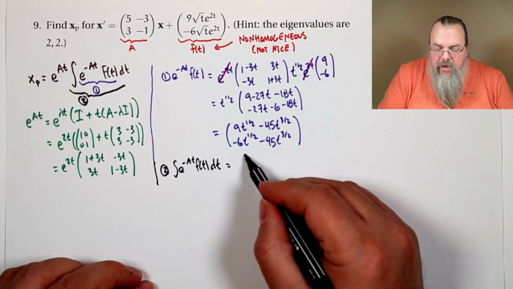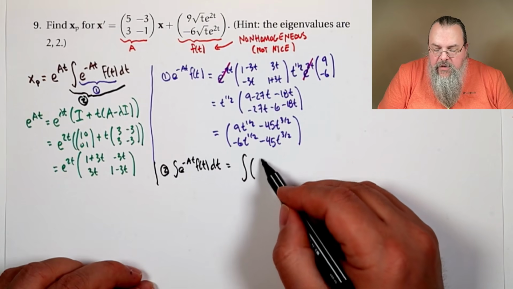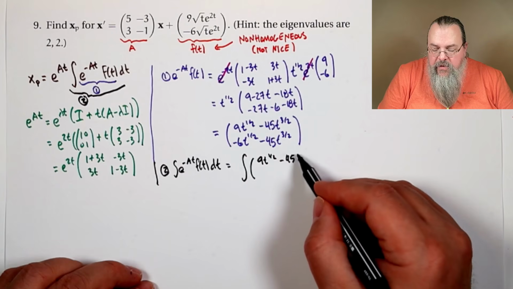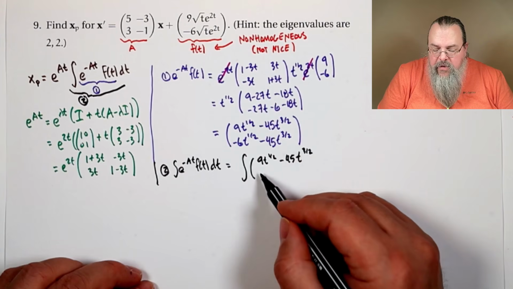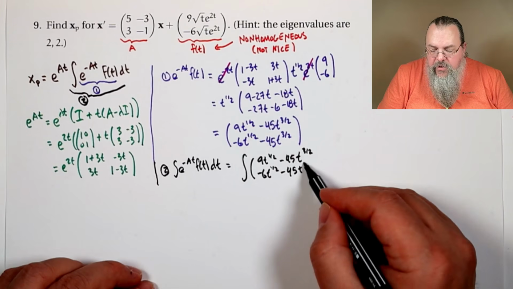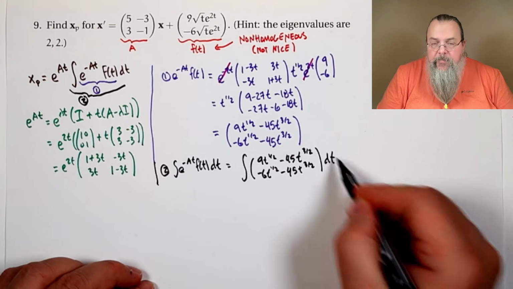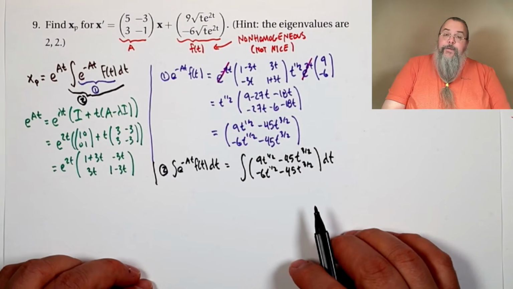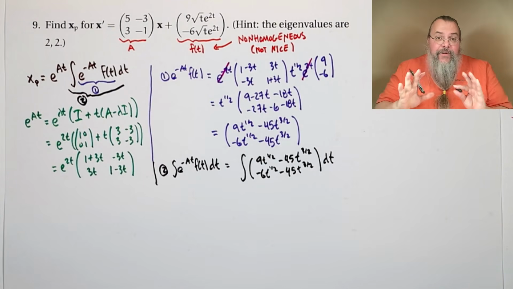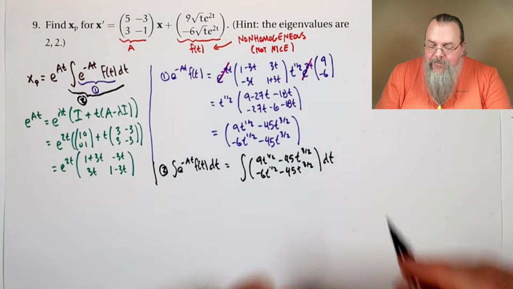Well, that's the integral of our 9t to the 1/2 minus 45 t to the 3/2, minus 6t to the 1/2 minus 45 t to the 3/2 dt. And how do we integrate? Term by term. Since we're after an antiderivative, we don't need to add constants.